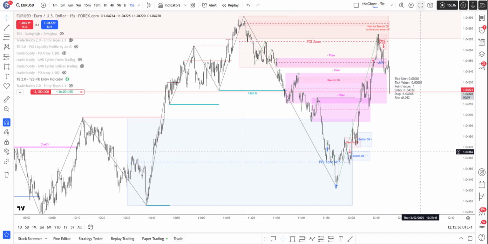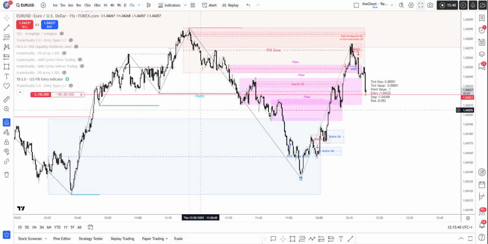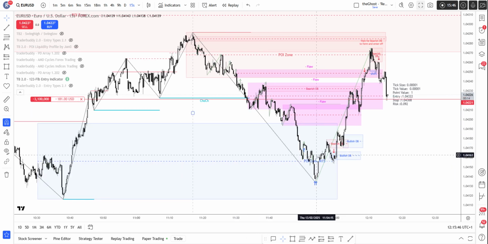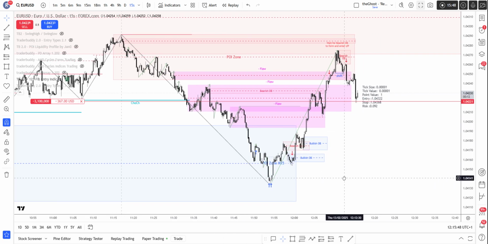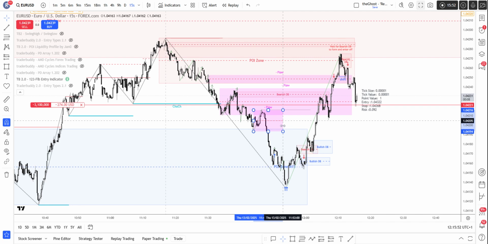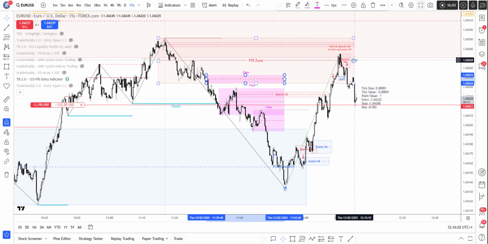What we want to see after a change of character, or first we have to break it, is inducement taken. Well, there was no inducement taken at all. Well, here for the first time. So we then look for the bearish order flow, and let's just put them all at the point of the lowest.